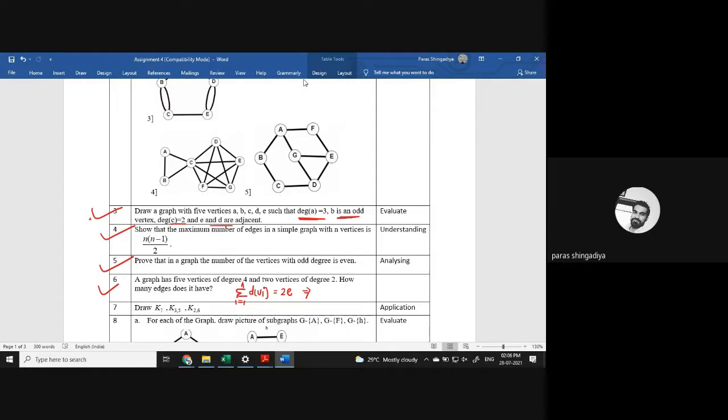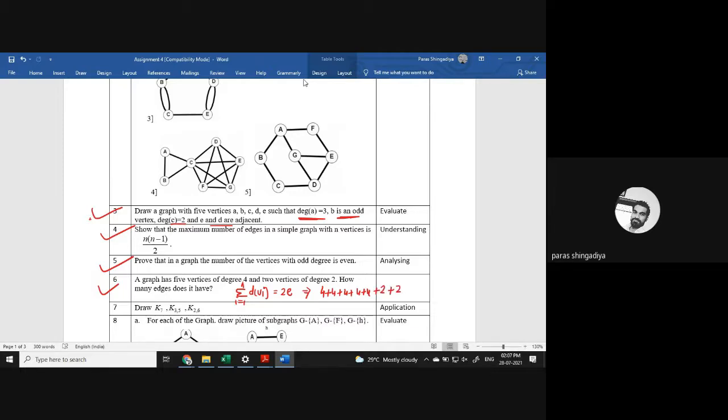Now its degrees are also given. 5 vertices of degree 4 means the total degree is 4 plus 4, up to 5 times, plus 2 vertices of degree 2, so 2 plus 2. So the sum of the degrees is 4 plus 4, 5 times, plus 2 plus 2, that is 2 times.